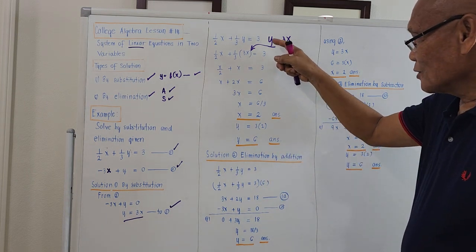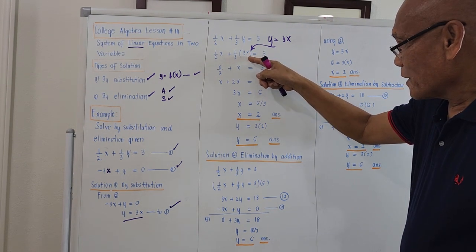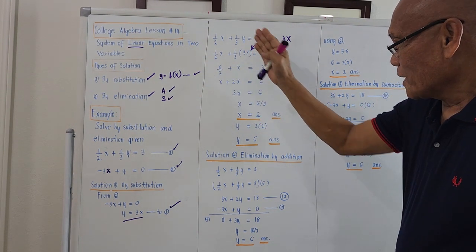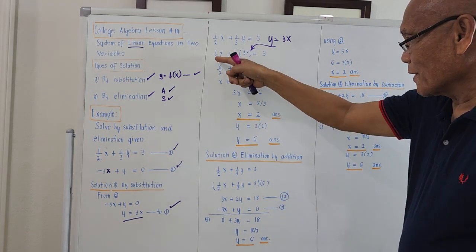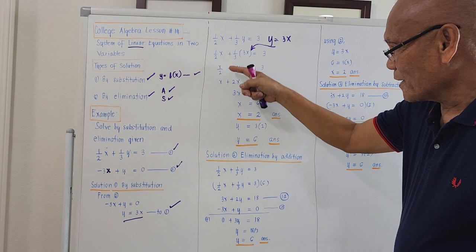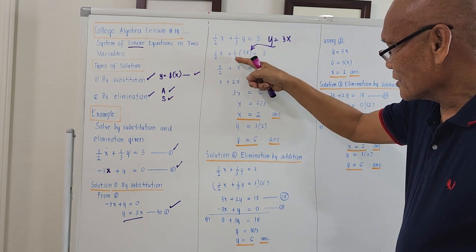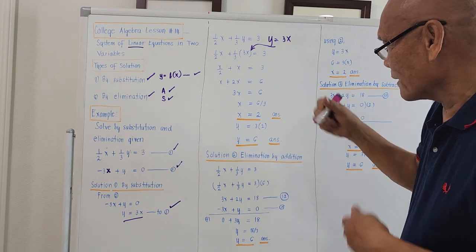After taking the relation y equals 3x, we put it for the value of y in the first equation. What comes out now is simply pure x. 1/2 of x is x over 2. 1/3 of 3x, the 3 cancels with this, and what remains is x.